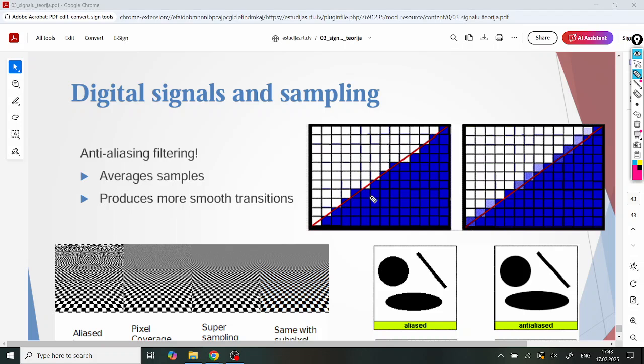Of course, you can buy a 4K monitor, but then you will have to change the computer maybe as well, and so on. But even for 4K, there will still be some situations when it might happen. So signal processing, which we are going to learn in this course, is going to be your help here.